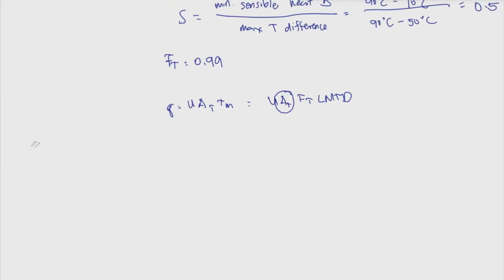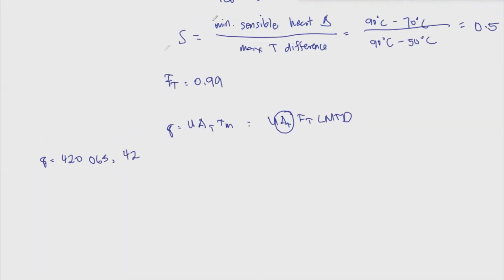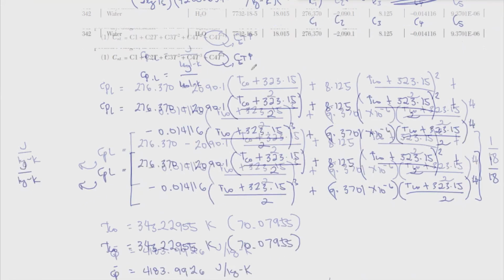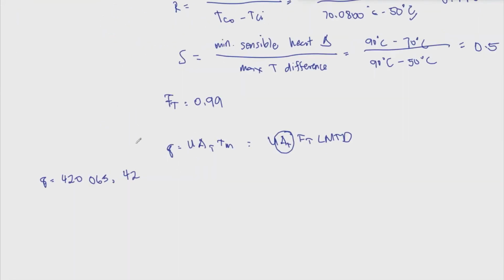Q is actually equal to 420,063.42. So the unit is in MKS. So just to give you the unit, let's make it watts so we have a unit.